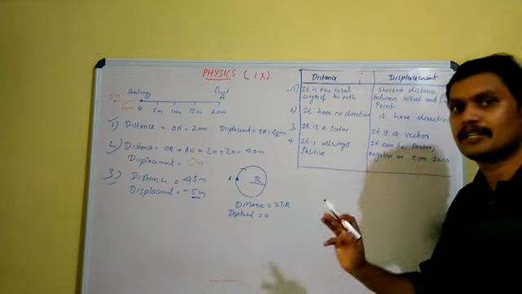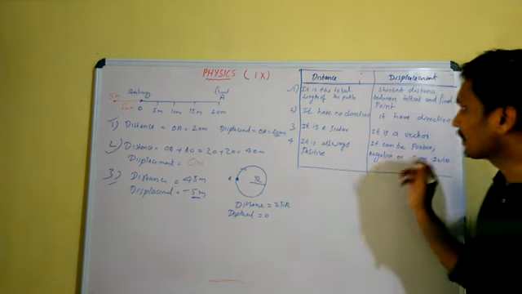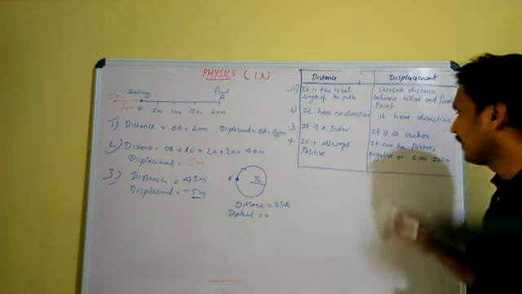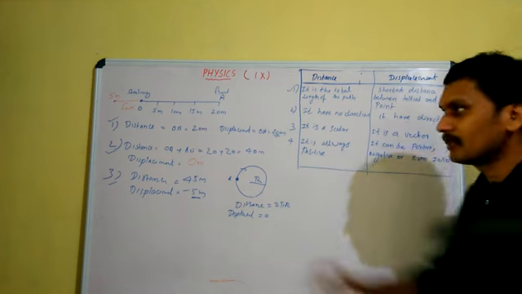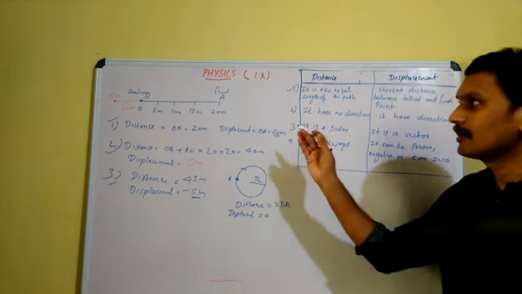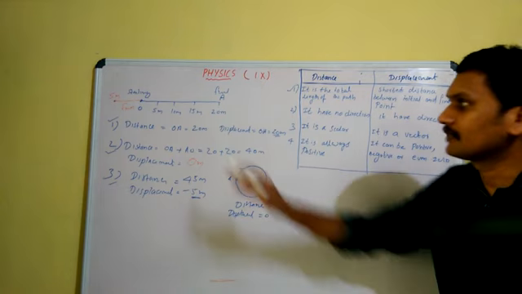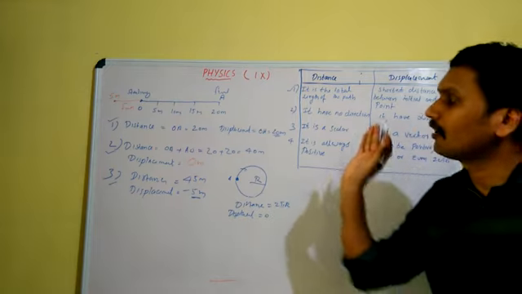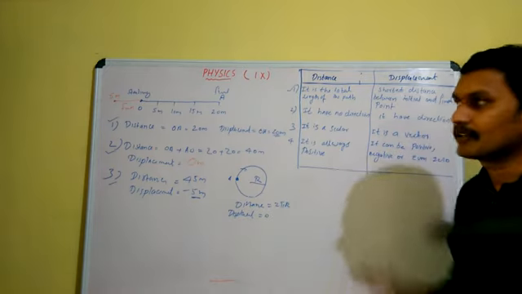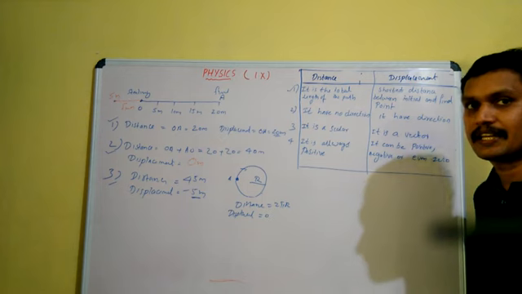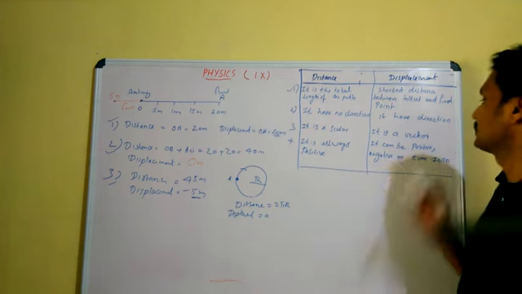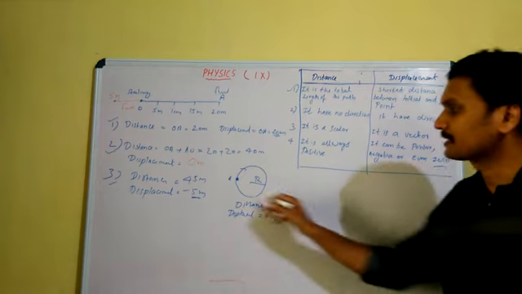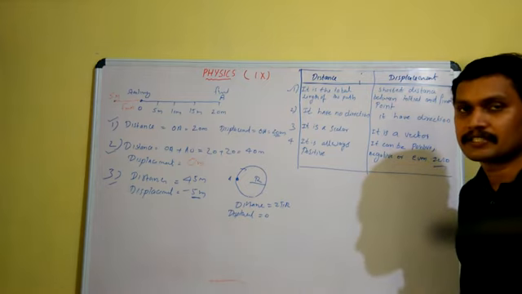If it is in motion, it is positive. Whereas displacement can be positive or negative. When is it negative? If it is moving in the opposite direction. If motion towards the right is taken as positive, then the opposite direction, towards the left side of the origin, is taken as negative. It can even be 0 if the starting point itself is the final point.